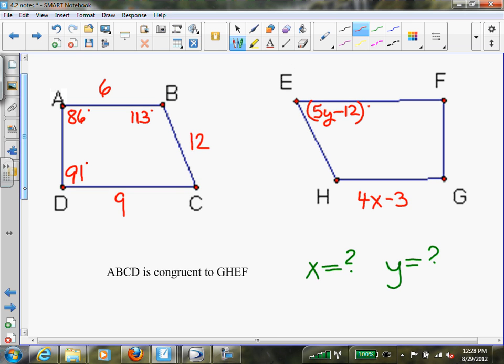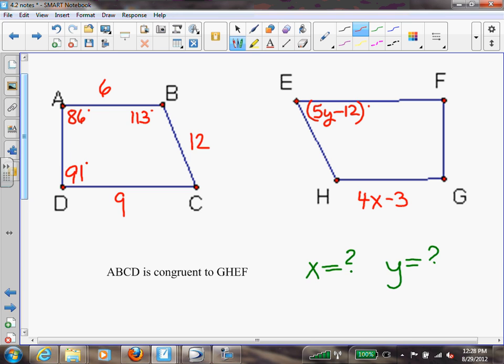Okay. If ABCD is congruent to GHEF, I'm giving you this. Claire? Oh, you're going to answer? Hold on, let me read it. So I'm telling you that these are congruent. How am I going to figure out what X and Y are? So how would I figure out X?